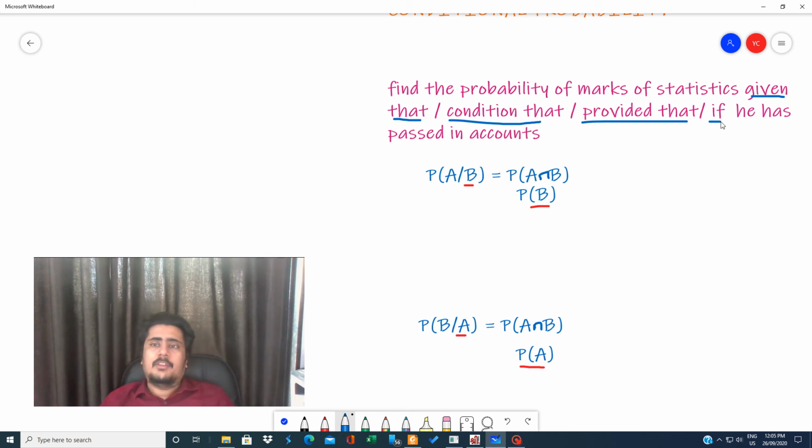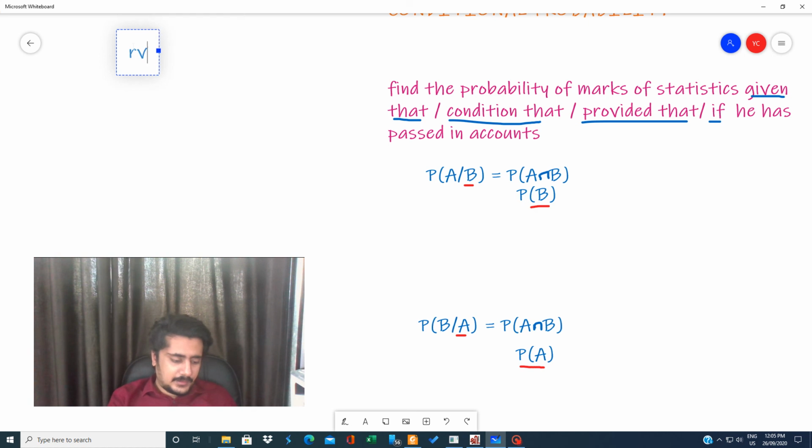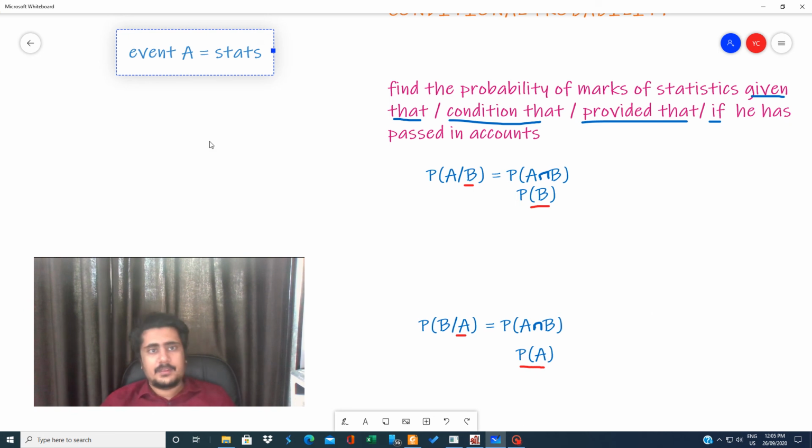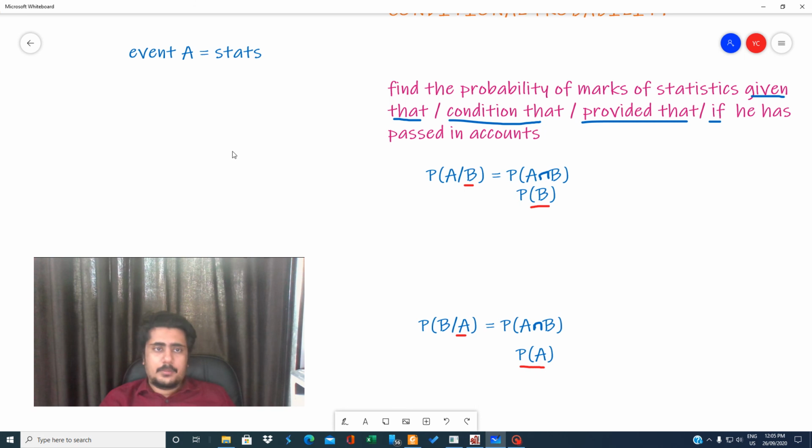Now, find the probability of marks of statistics if he has passed in accounts. First of all, you have to make two events. Which events, sir? Suppose I have made an event A as the student has passed in statistics, and I have supposed event B as accounts.